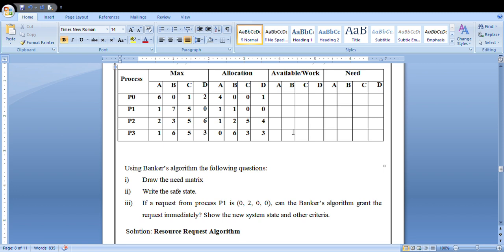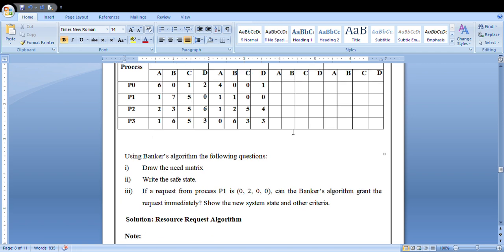But keep that in your mind. If you want to solve the problem using the resource request algorithm, it will always make use of your safety algorithm too. It is a combination of both the safety algorithm as well as the resource request algorithm.